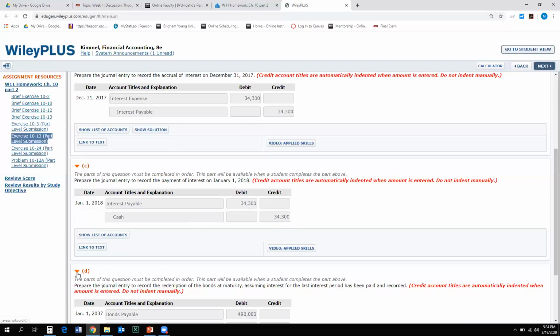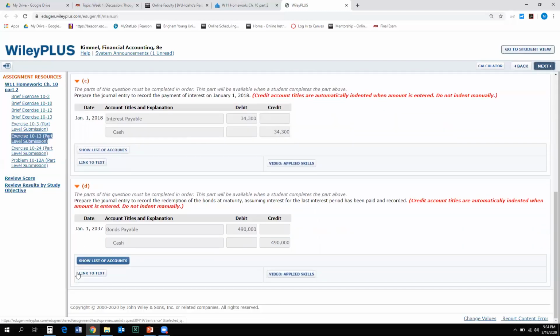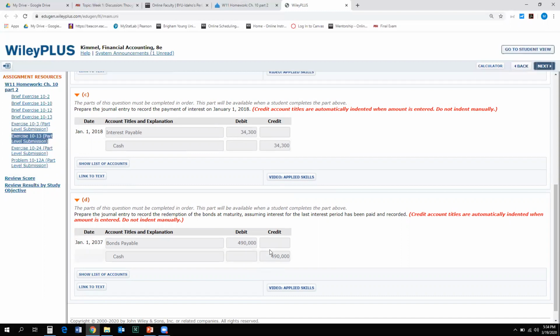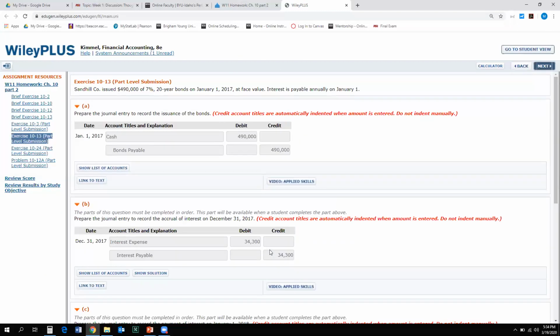And then finally it says at maturity, we're going to pay off the bond. So now our bonds payable will go down, a debit to bonds payable, and then our cash will go down, a credit to cash.